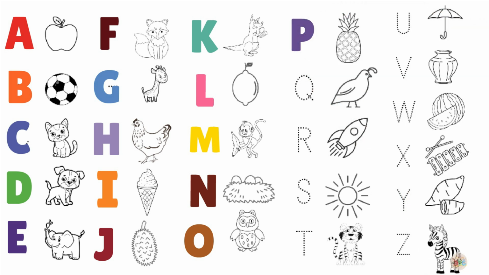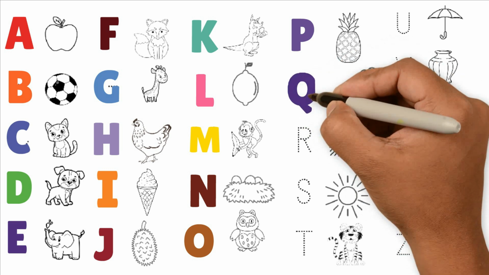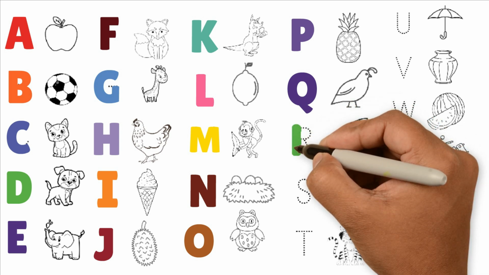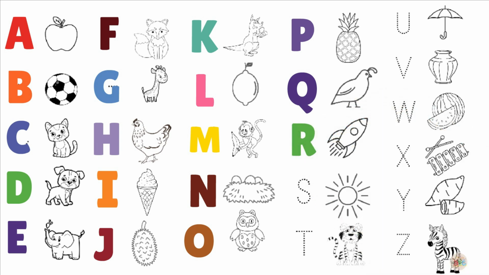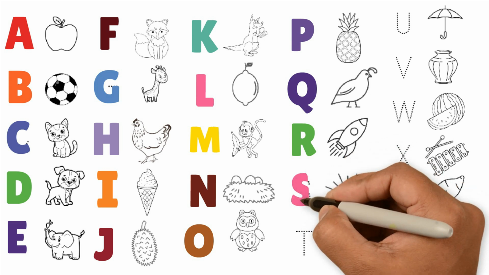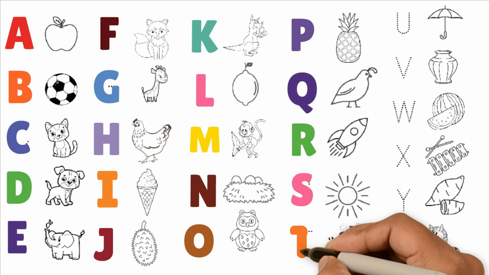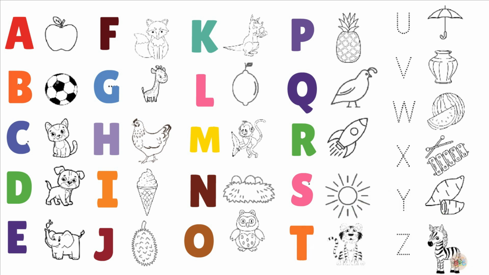P. P is for pineapple. Q. Q is for quail. R. R is for rocket. S. S is for sun. T. T is for tiger.